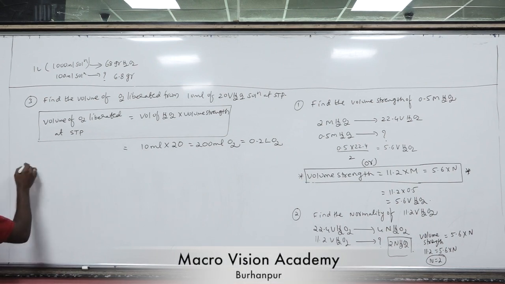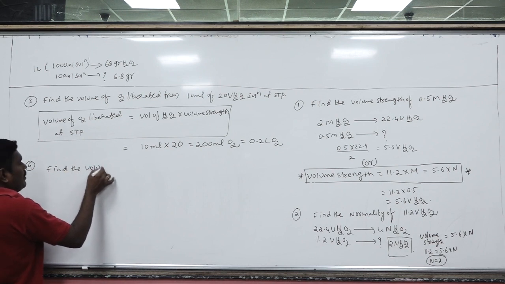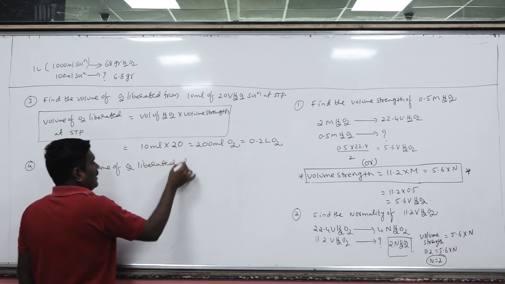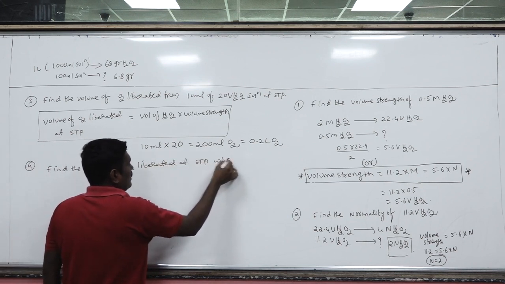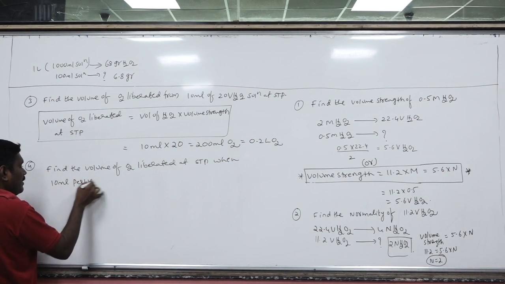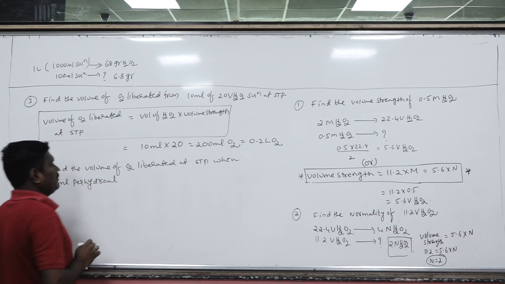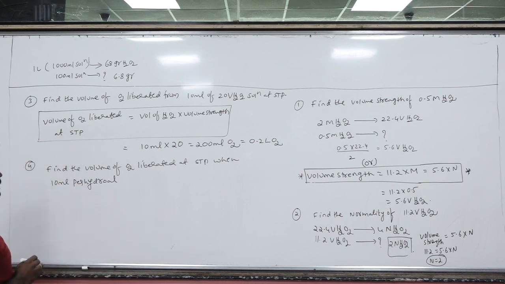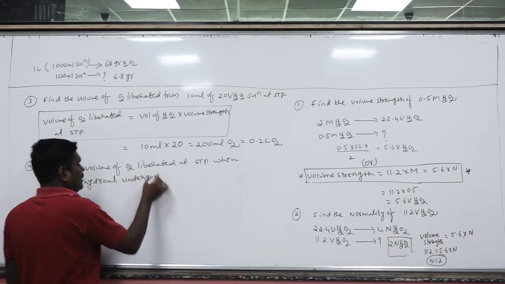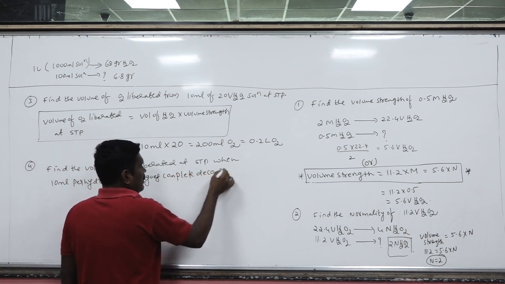Now, find the volume of O2 liberated at STP when 10 ml perhydrol undergoes complete decomposition.